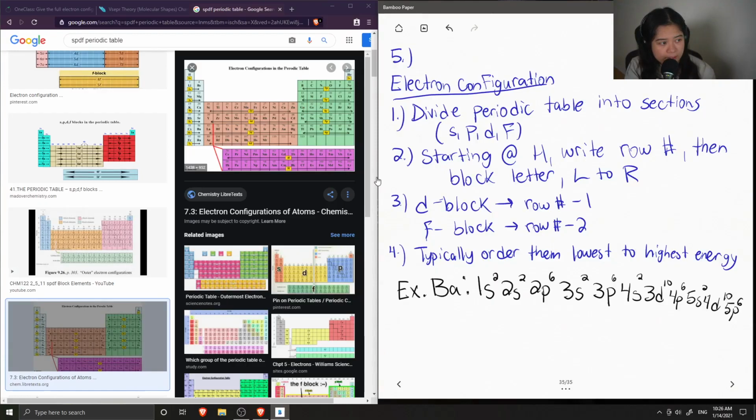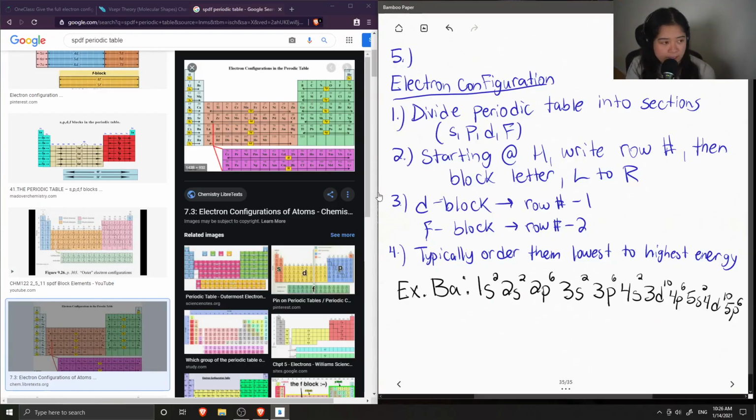So then we just write 6s, and up to the barium is just 6s2. Let me try to fit it at the bottom on the right here. Should have given myself more room. But yeah, this is the full electron configuration for barium.